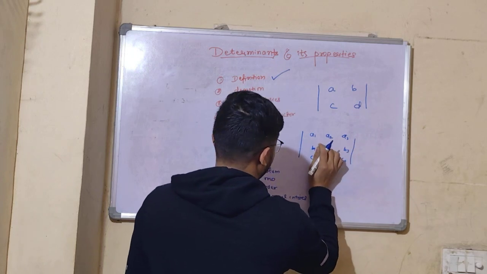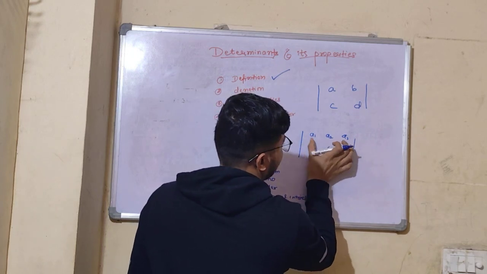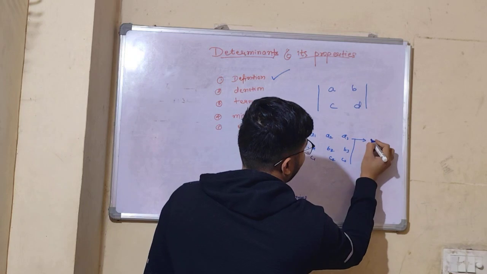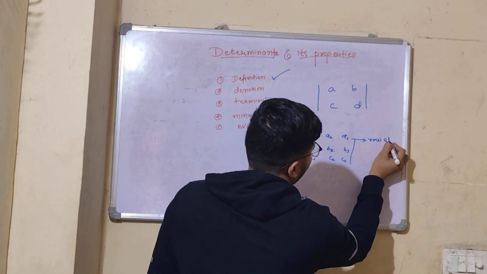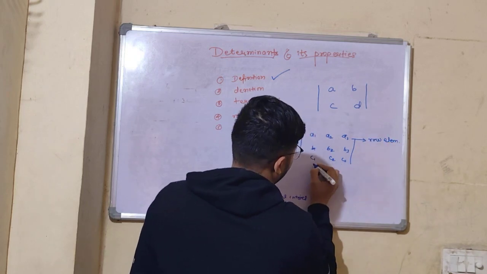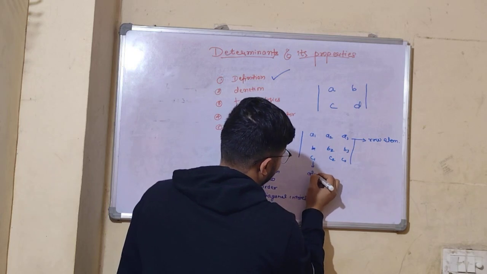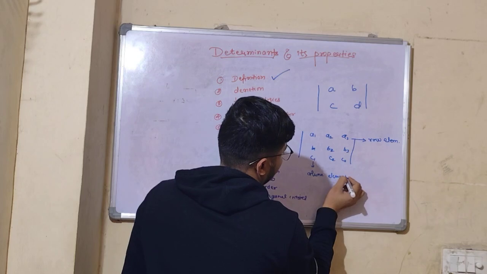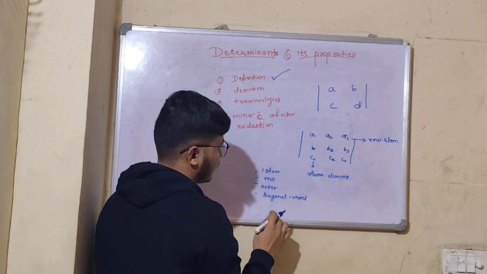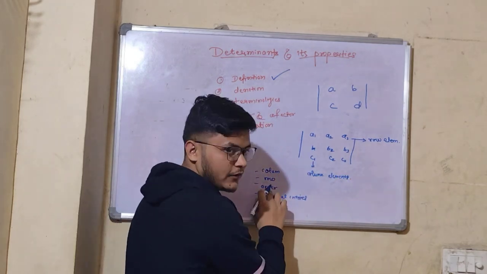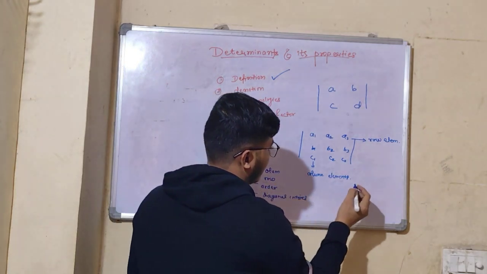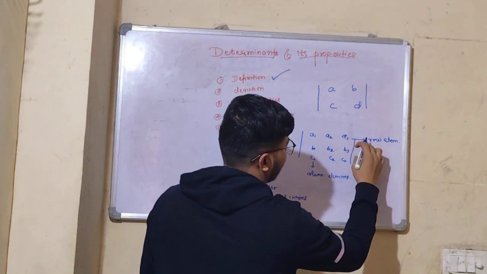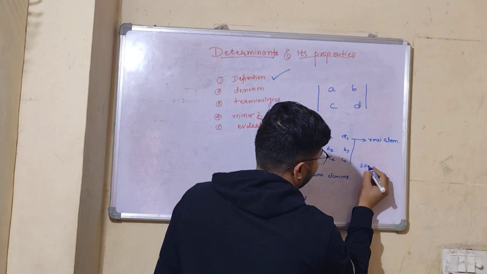So the elements that coincide in one row, we call them row elements. Similarly with the column elements. As the name suggests, the order of this determinant is nothing but 3 by 3.